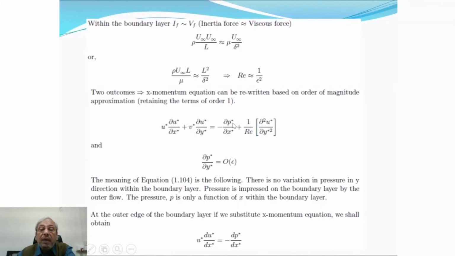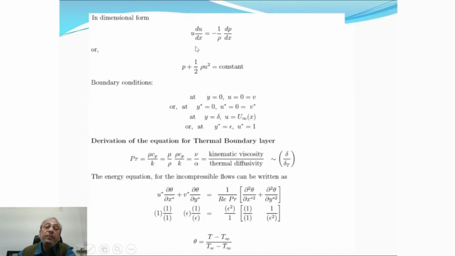We can write minus del P star del X star. In dimensional form we can write U del U del X equal to minus 1 by rho del P del X. If we integrate it, we will get P plus half rho U square equal to constant. What is this? This is Bernoulli's equation, which is valid outside the boundary layer between any 2 points. Now, if it is inviscid irrotational flow, obviously between any 2 points.